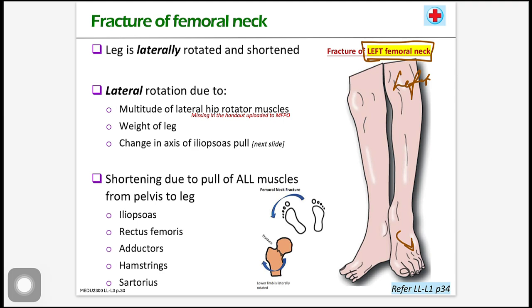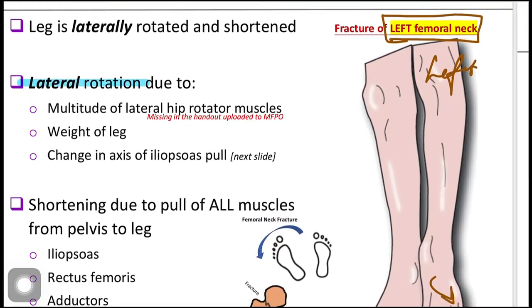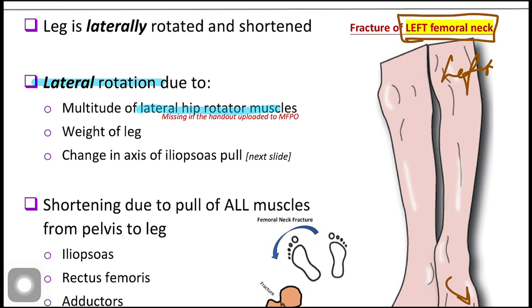So two things to go. First, why lateral rotation? Remember we have a group of lateral hip rotators. Now, this lateral hip rotator group is actually balanced by the medial rotators.